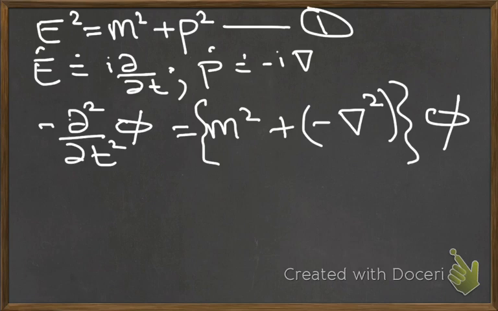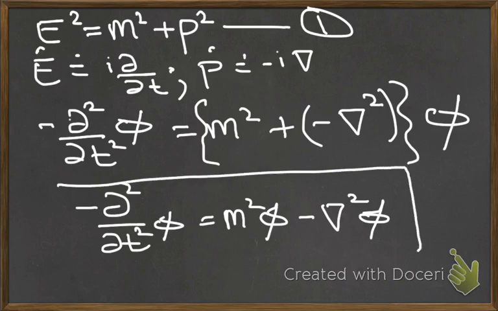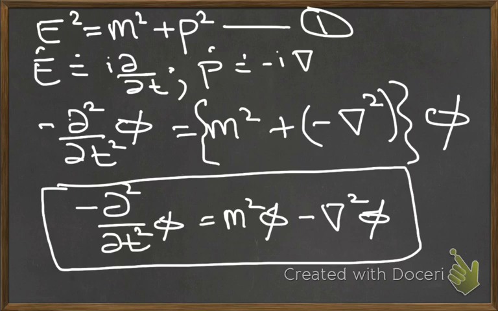And let's write this down a bit neatly. It will be negative partial squared over partial t squared phi is equal to m squared phi minus del squared phi. And well, basically this is my Klein Gordon wave equation.